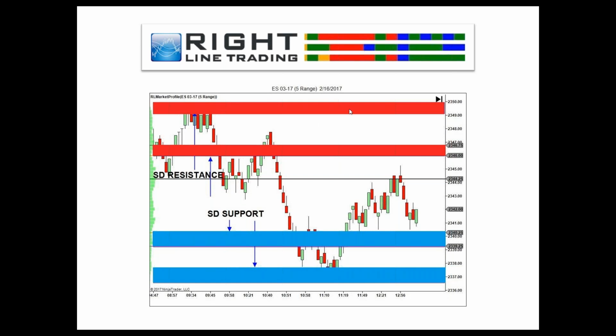So you can't label a rejection zone or an area that's difficult for price to move through based on volume profile as red or green. It's all dependent upon where price is in relationship to these zones. So this is an inappropriate labeling of these critical volume areas.